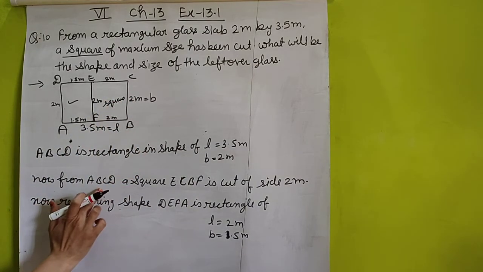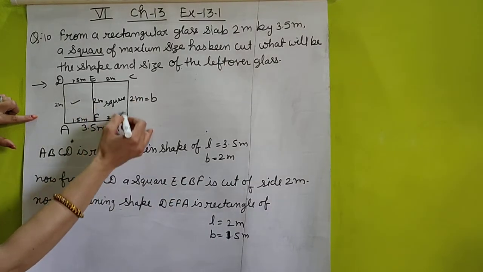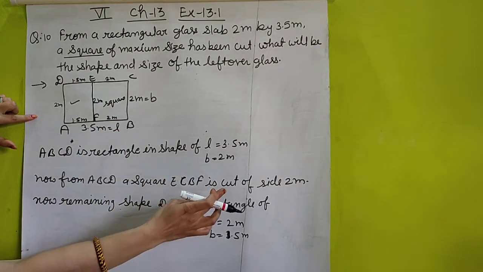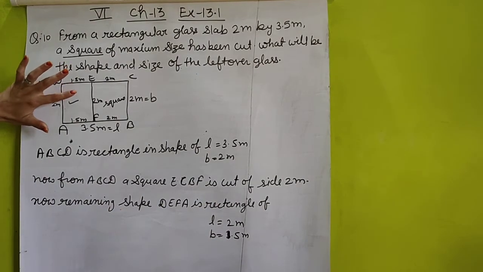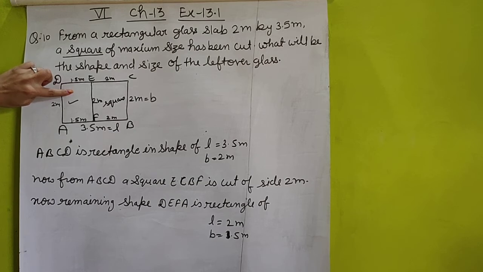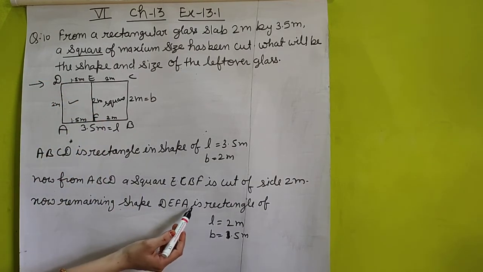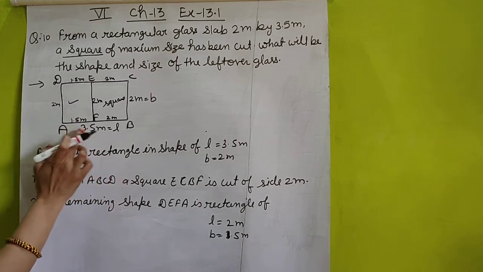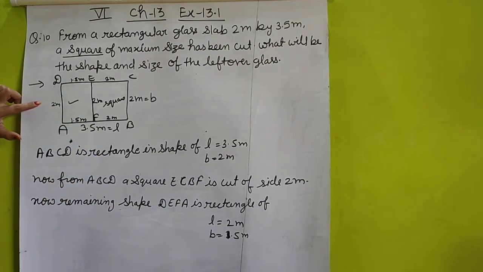Now from ABCD, a square ECBF is cut off of side 2 meter. The remaining shape is DEFA. DEFA is a rectangle of length 2 meter and breadth 1.5 meter.